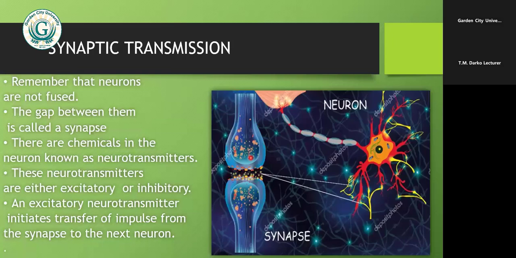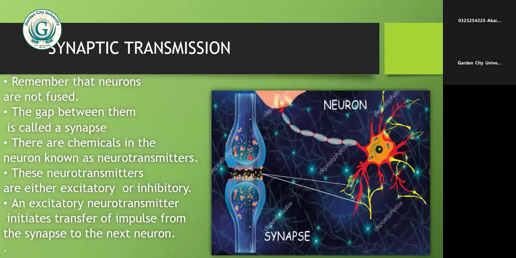Good. Now, these vesicles would undergo a process we call exocytosis. Now, this process will then release whatever content is in the vesicle.